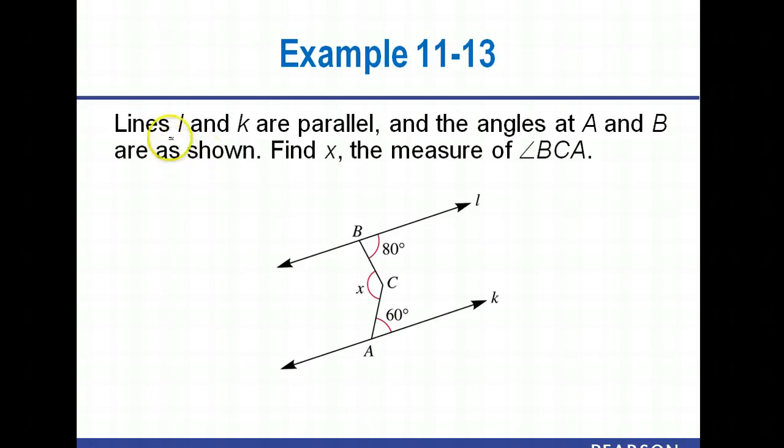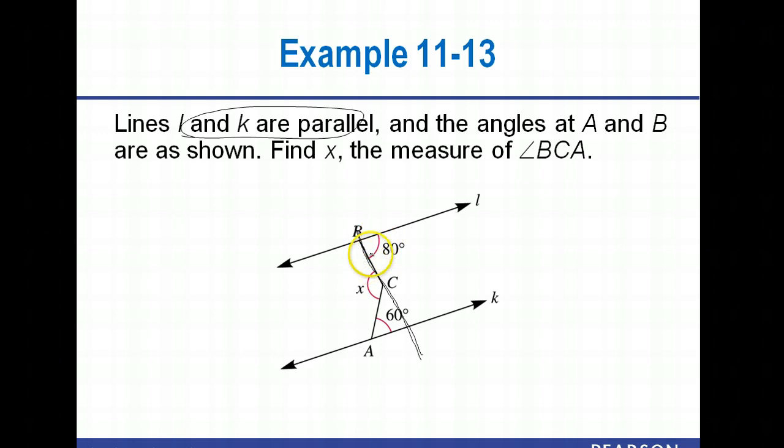All right, last example, and then we'll get out of here. So lines L and K are parallel, and the angles of A and B are shown. Find x, the measure of angle BCA, right? So we want to find this x right here. Well, what we can do is actually continue this line BC through here. And what we know is that because this BC is a transversal and we know L and K are parallel, that's really important.